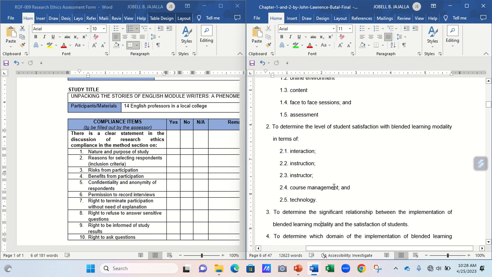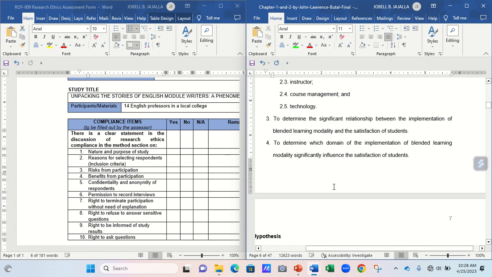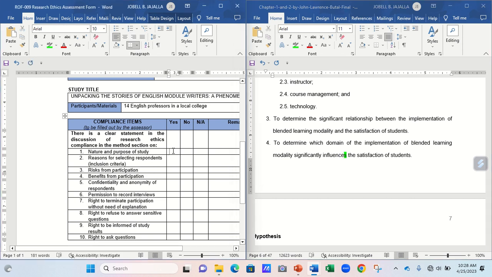Third is to determine the significant relationship between the implementation of blended learning modality and the satisfaction of students. And lastly, to determine which domain of the implementation of blended learning modality significantly influences the satisfaction of students. So it is clear, therefore, okay na this part.